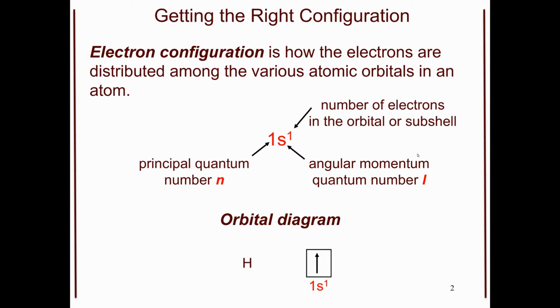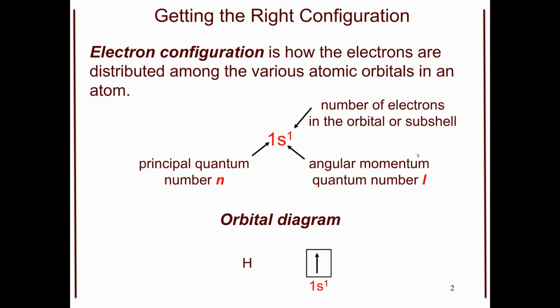As you can see here with our example, we can write the electron configuration as 1s1, or we can picture this as a little box for our 1s orbital with one upward arrow. It is going to take us a lot of time to write orbital diagrams or our quantum numbers, while the electron configurations are much more simple once we get a flow going of how we are going to do this.